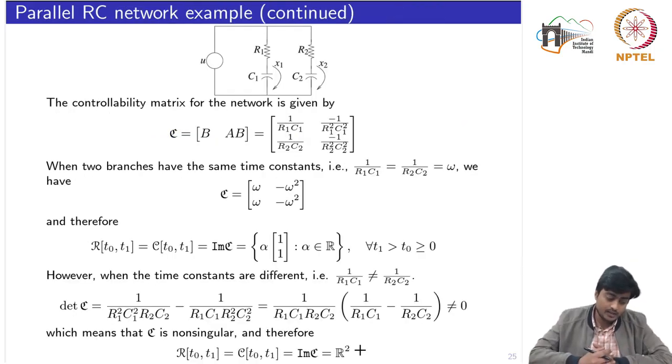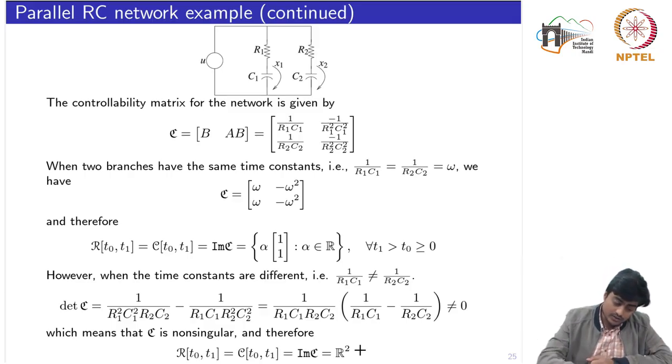We can recall the example with which we started as a motivation. This is the same example where we have two branches, R1, C1 in parallel with R2 and C2, supplied with some voltage U. In the previous example we concluded that the reachable subspace and the controllable subspace are the set of alpha times the vector 1 1 of dimension 2, which means that the system is not completely controllable.